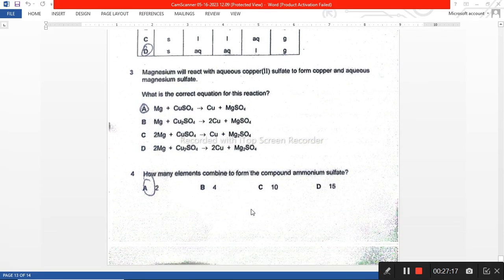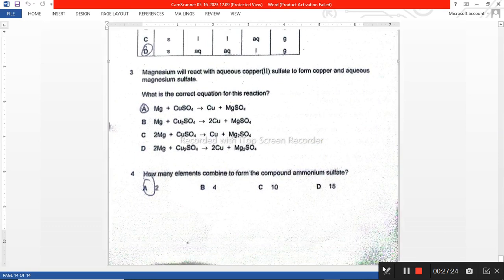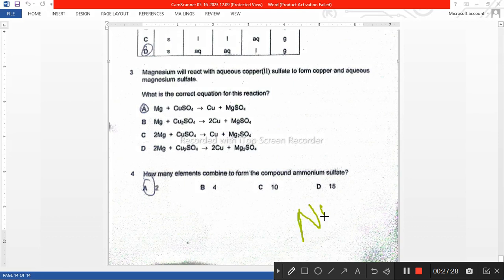Now the last MCQ is, how many elements combine to form the compound ammonium sulfate? First write down the formula of ammonium sulfate. NH4, this is the symbol of ammonium, and the symbol of sulfate is SO4 with charge negative 2, and ammonium's charge is positive 1.